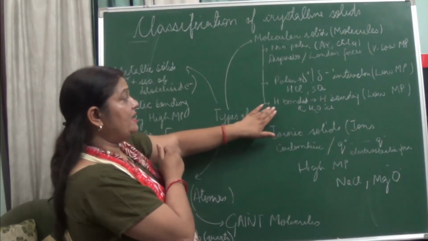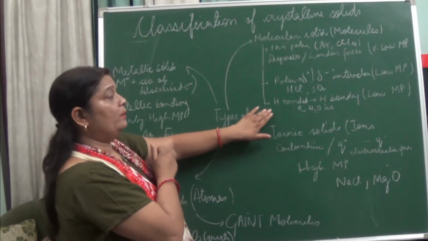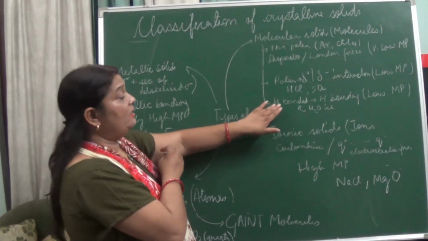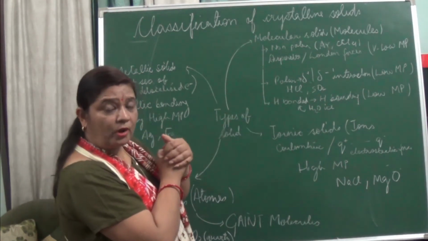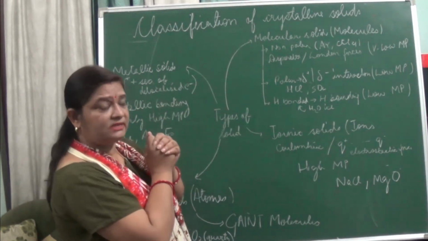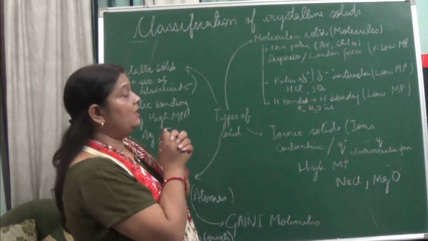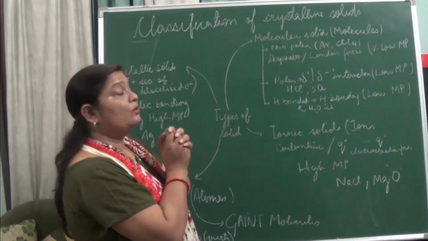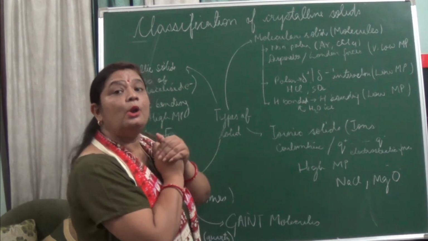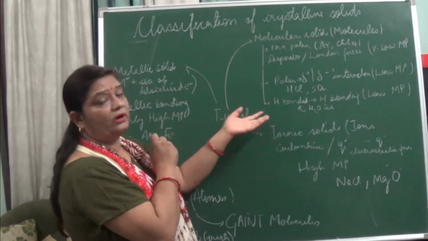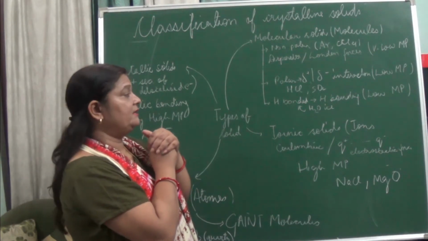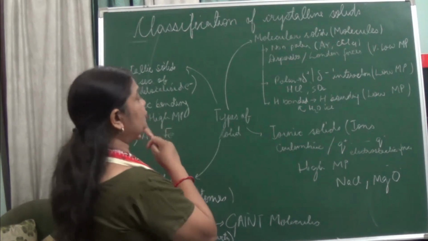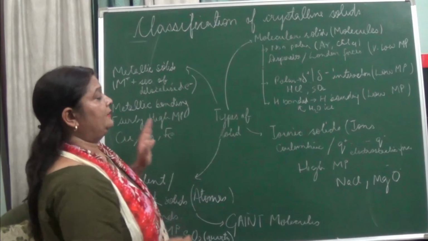Now coming to H bonded, hydrogen bonded. Here hydrogen bonding is present. Hydrogen bonding is also not a very strong bond, isn't it? You have studied in class 11th. So here also the melting point will be low. The best example you can take of hydrogen bonding is ice, H2O.